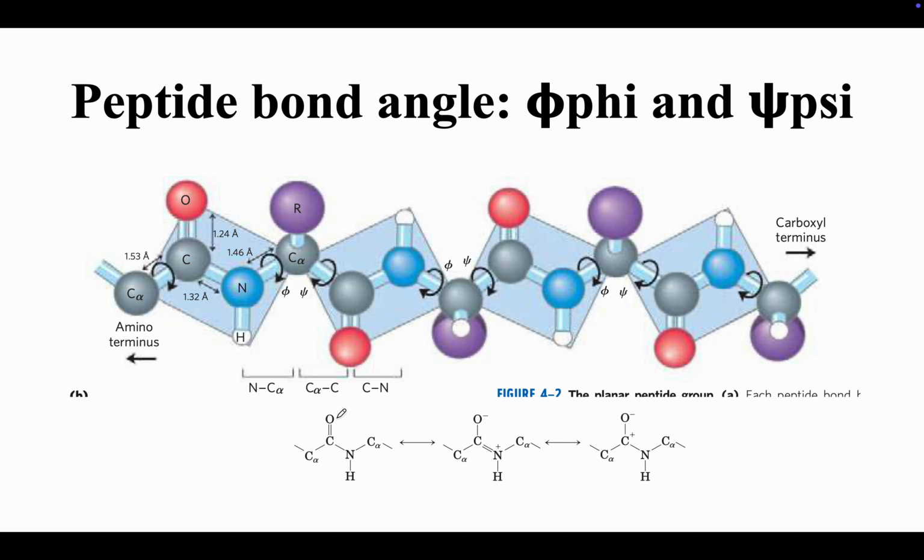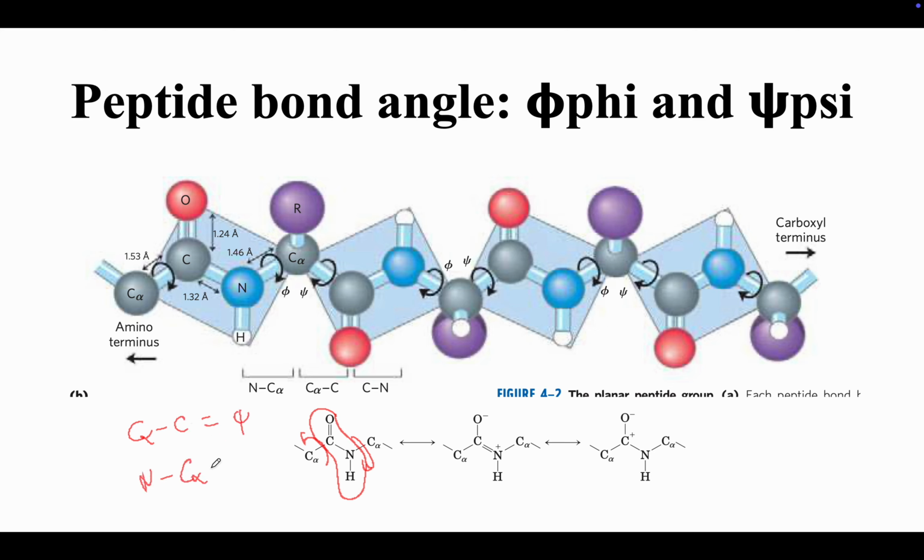So this is the peptide bond in the amino acids, and then we have rotation here. The C alpha C angle and NC angle can rotate, and these angles are known as phi and psi angles. So the C alpha C angle is known as psi, whereas the N and C alpha angle is known as phi.